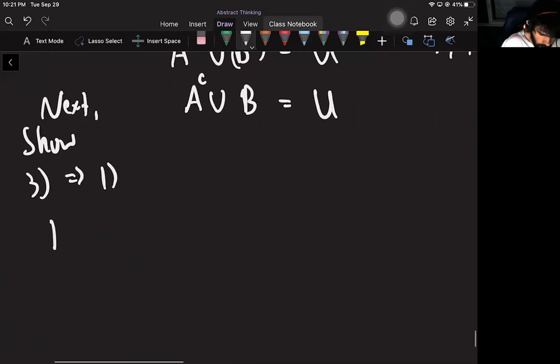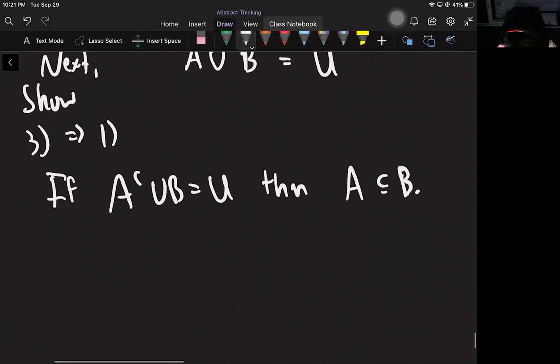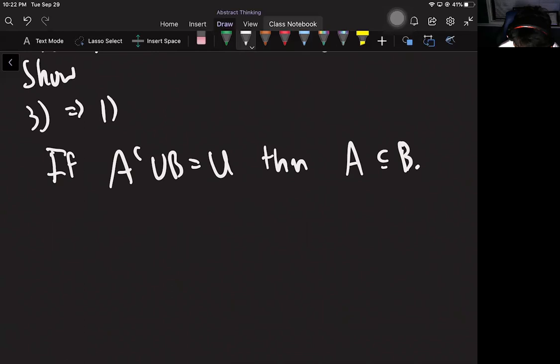So assume, or if, I'll just say if, so if this part is true, then A is a subset of B. Needs to be true as a result. So I'm just going to do a classic subset proof to show this.